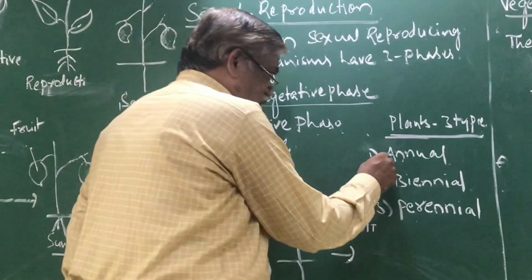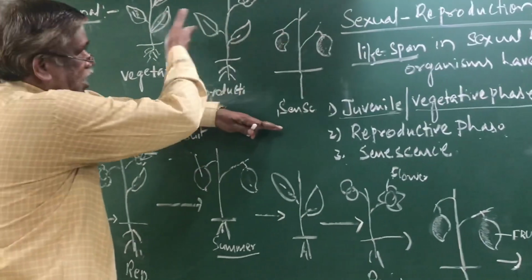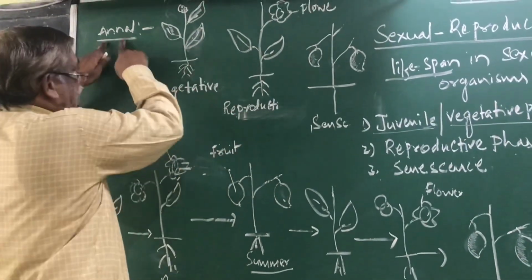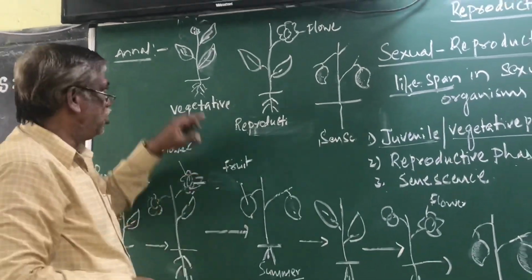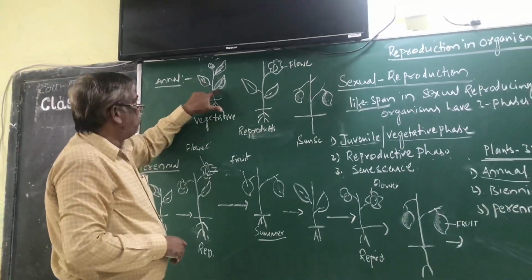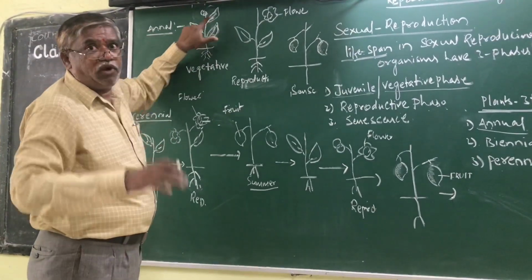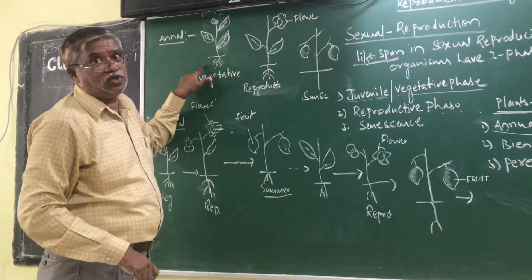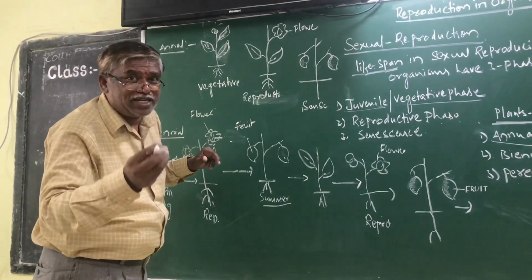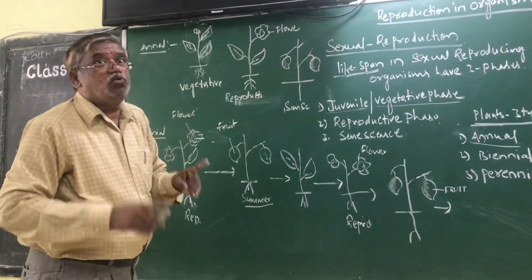Now, what is this annual? Suppose you see these three diagrams. This diagram, annual. It is a baby plant. Leaves are there. There is no flower. That means it is in which phase? Vegetative phase. If any plant contains flowers, that indicates the plant is in the reproductive phase.